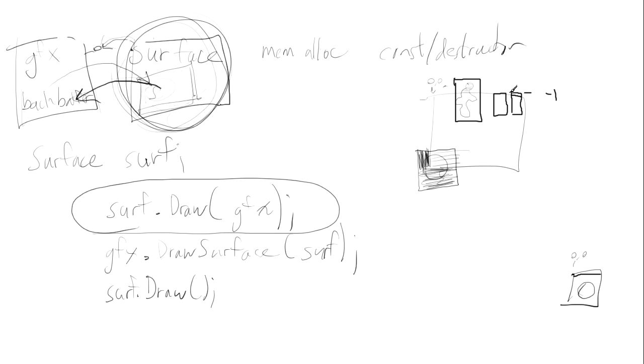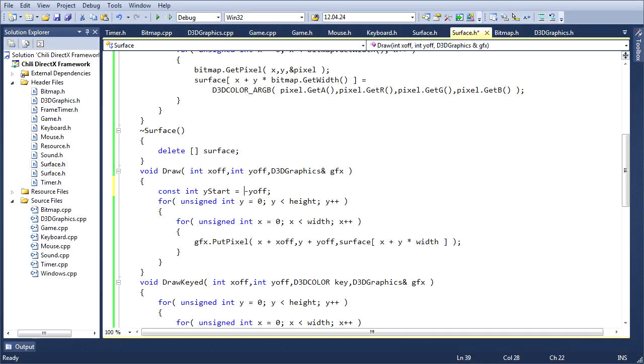If our offset is -2, then we start with row 2. So by that reasoning, y start is basically the negation of y offset.